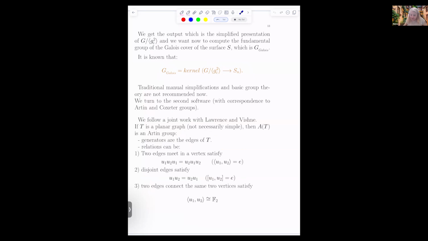Now, traditional manual simplification is not recommended now, because although we used Magma, as I say, it's not so sophisticated as we think. So we turn to the second software, and for this we need some correspondence to Coxeter group. So very, very quickly, some information about Artin and Coxeter group.